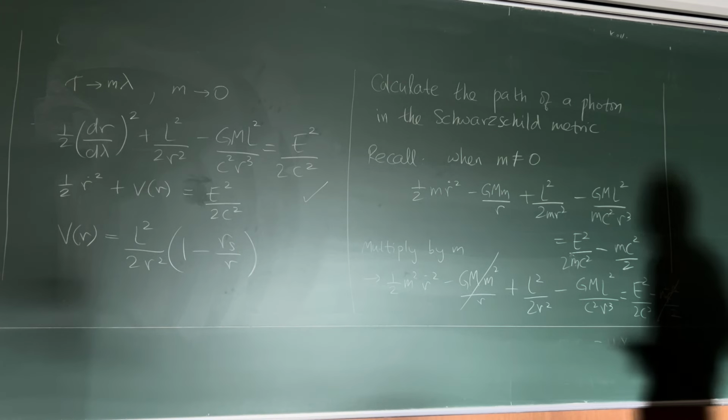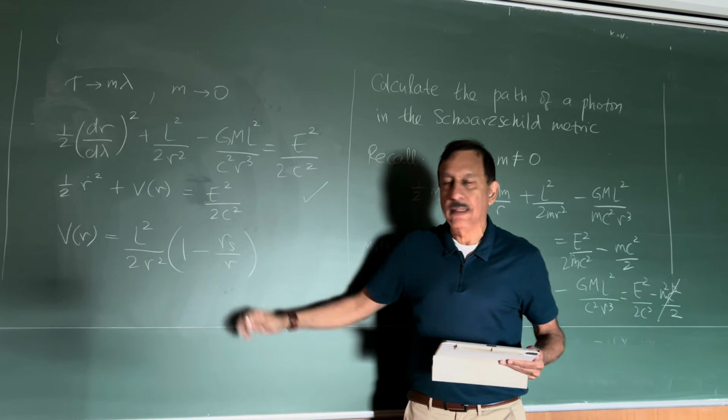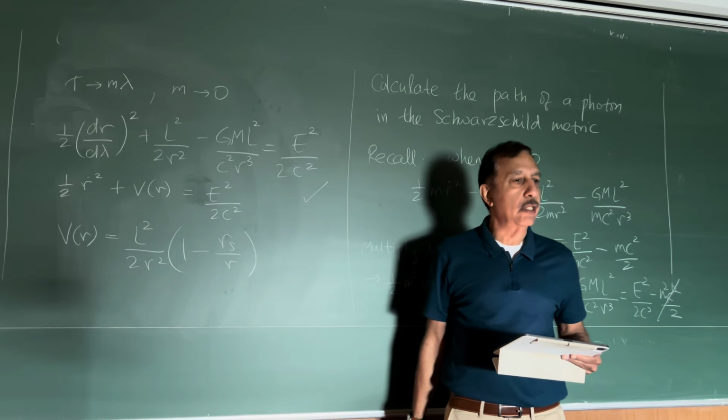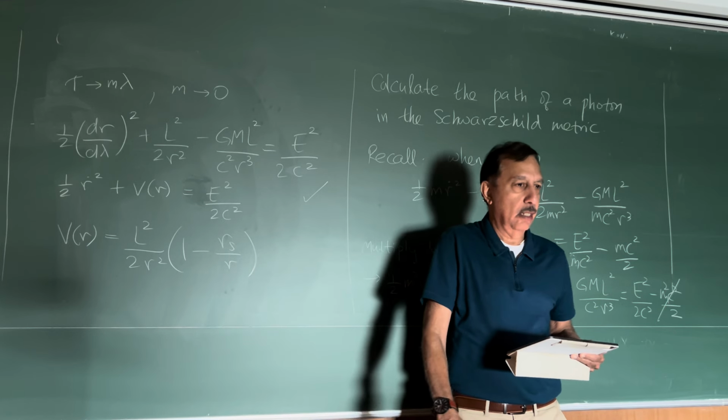So this Schwarzschild radius has made an appearance in this formula. It was already there in the massive case, but there was also a Newtonian term. Now there's no Newtonian term, so this is the actual potential.